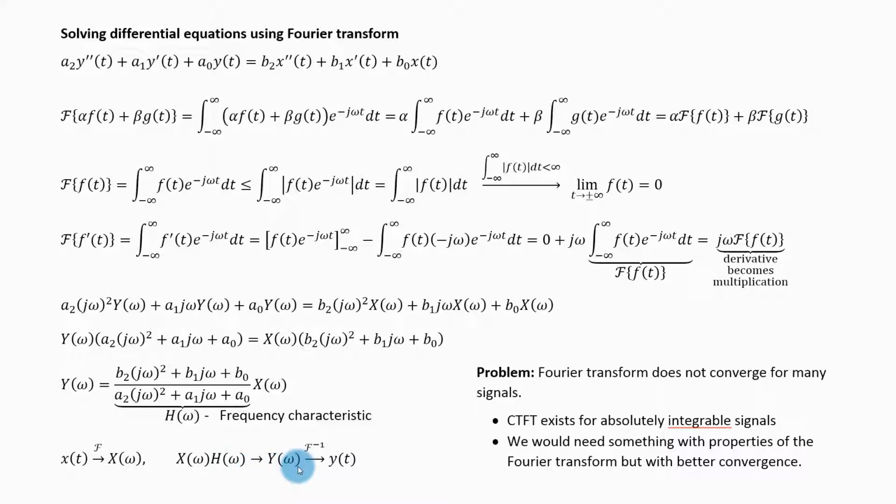Then I just need to take the inverse Fourier transform of this spectrum, and that will give me my output signal in the time domain. And how do you get the frequency characteristic? This is how you get the frequency characteristic. You can either do the entire derivation, or you can just remember this form and substitute the coefficients of the differential equation.